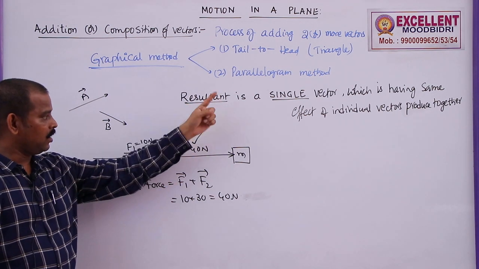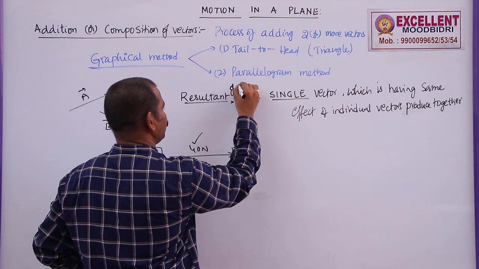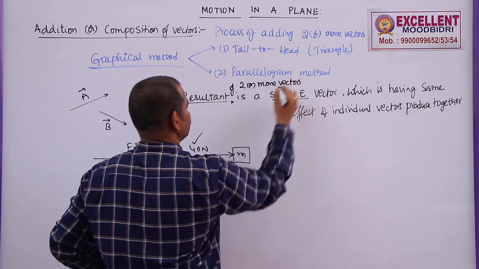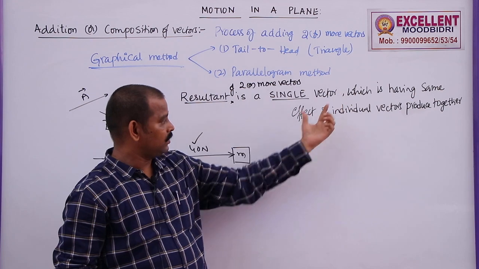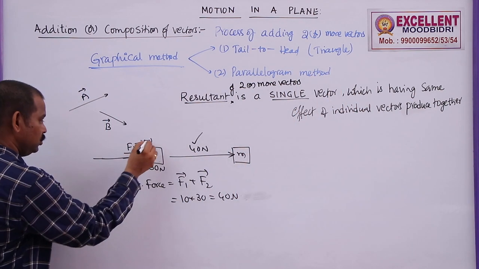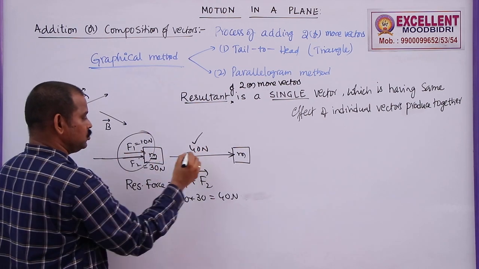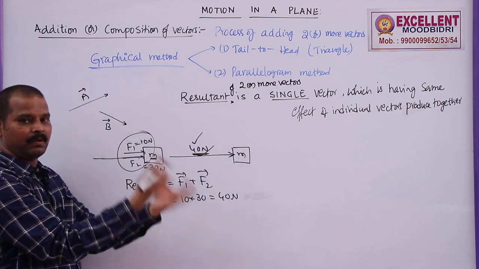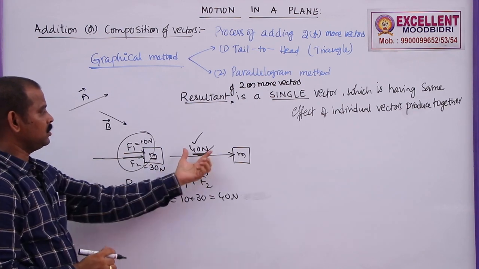A resultant of two or more vectors is a single vector, which has the same effect as the individual vectors produced together. These two can move this body with some velocity. Instead of these two, a single force can move this body with the same effect as shown by these two vectors together. So, this is called resultant.